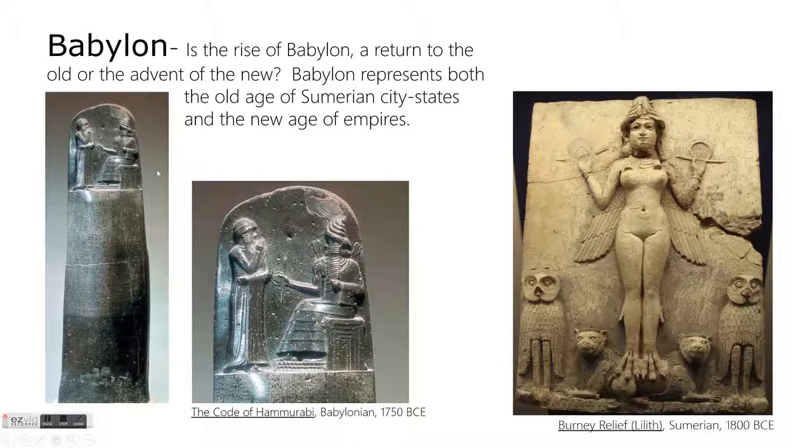And we can see that same quality in this Babylonian stele, this here is the Code of Hammurabi. The Babylonians were another Mesopotamian culture inheriting from the old Sumerians, and they emerged after the Neo-Sumerian Empire as the dominant force in Mesopotamia.